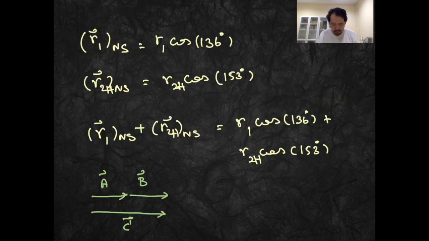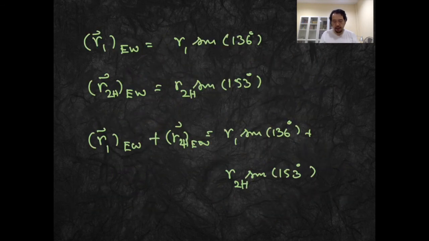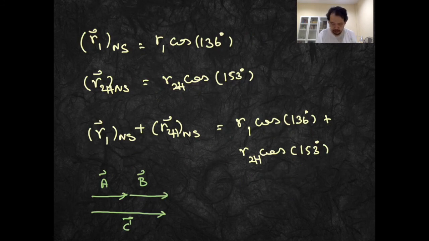Now let's go back to this. We know that the magnitude of R1 is 17.3 kilometer.